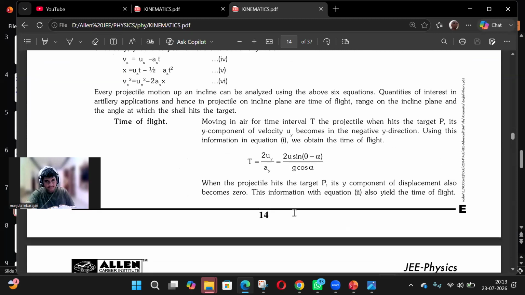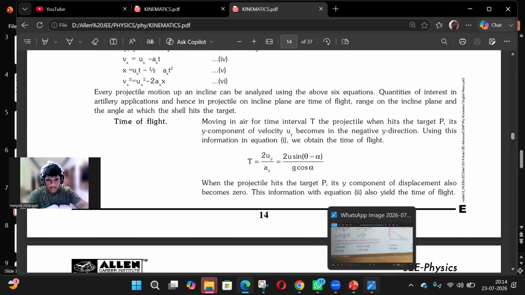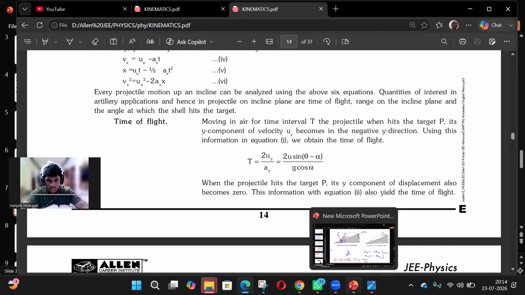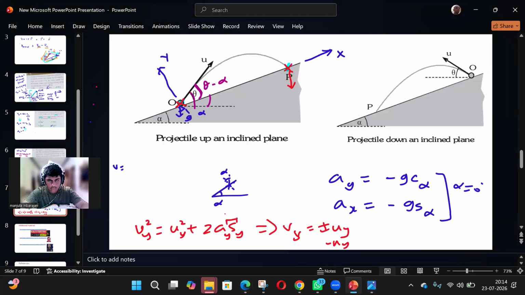See, to get the time of flight, I use the vertical motion. Like on the ground, we do half the flight time at the topmost point, right?